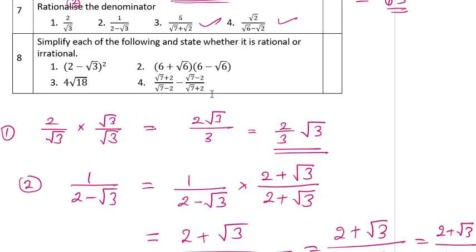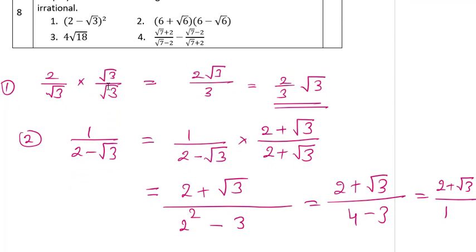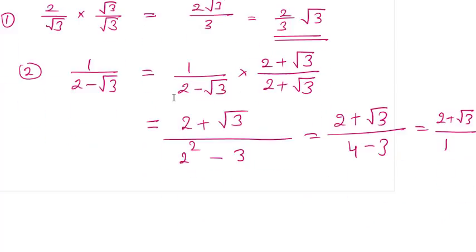Simplify each of the following and state whether it is rational or irrational. 2 minus root 3 the whole square. Is it rational or irrational? For that you have to first expand it and simplify it. Now the problem is 2 minus root 3 the whole square.